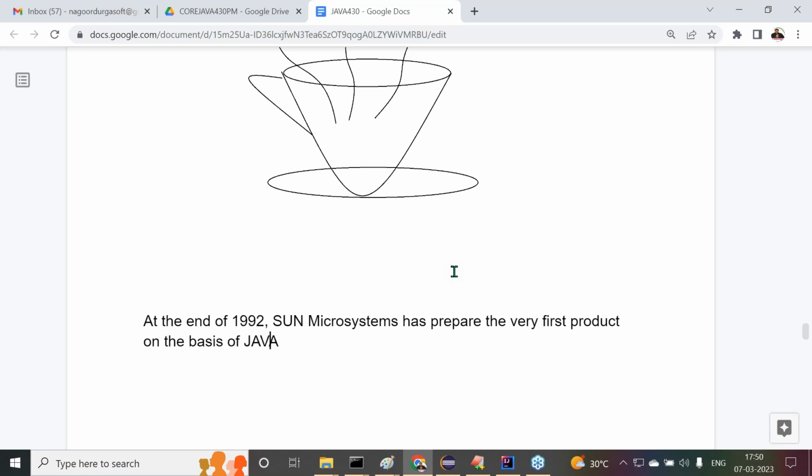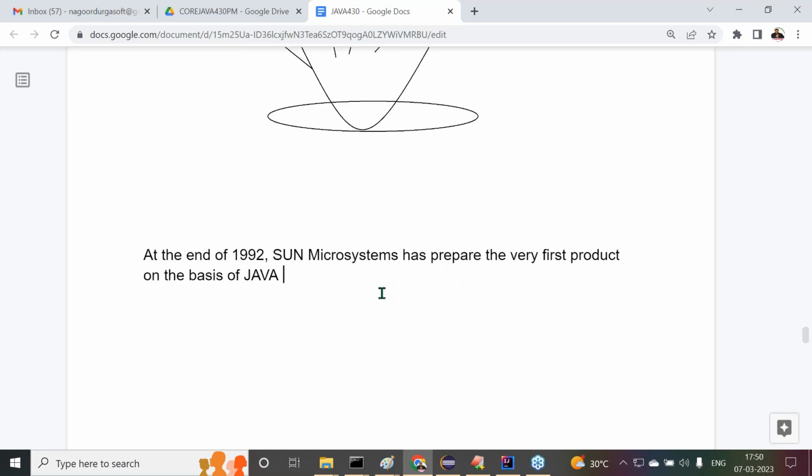What is that product? Star 7. The product name is Star 7. It is a remote controller. The Star 7 product was prepared. Got it or not? The very first product on Java is Star 7. It is a remote controller.